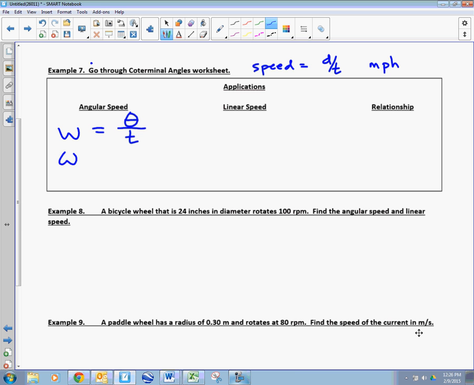Linear speed, so we'll call it velocity because, what's the difference between speed and velocity? Velocity has direction, so it can be positive or negative, okay? So velocity is going to be equal to, in this case, our distance, which we state is s, divided by t, which is time.